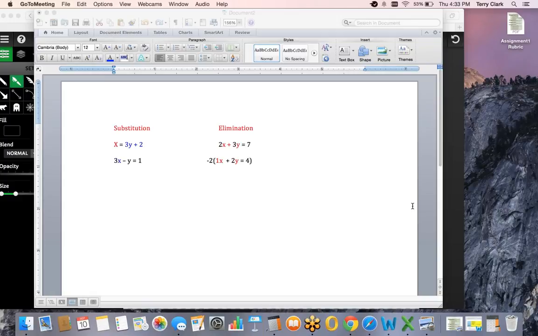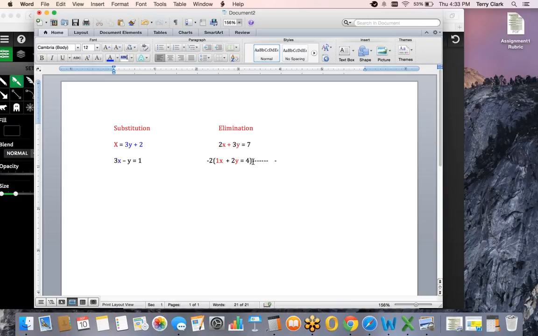See, because -2 times 1 is going to give us -2. So at the bottom we're going to have -2x. And of course, -2 times 2 will give us -4. So this entire one, when we get finished with it, is going to end up being -2x minus 4y equals -8.